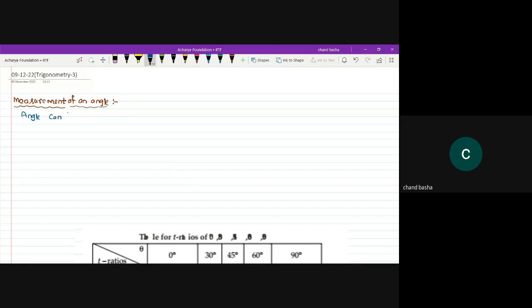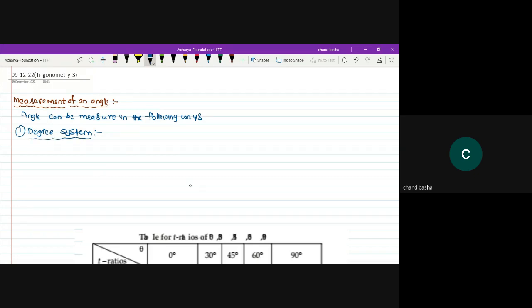The angle can be measured in the following ways. So how can we measure? There are three methods. The first one, we can call the degree system.